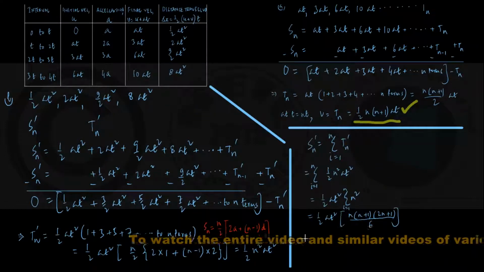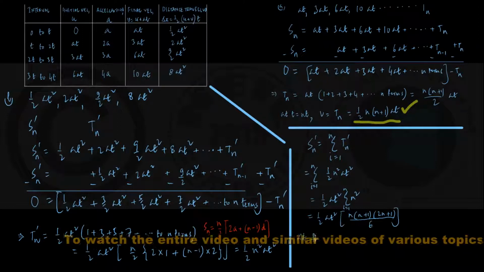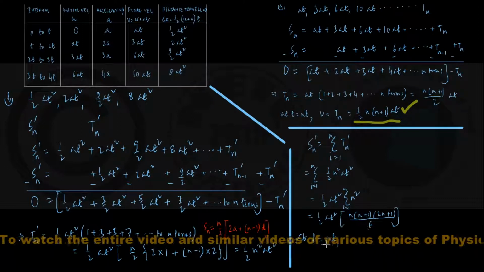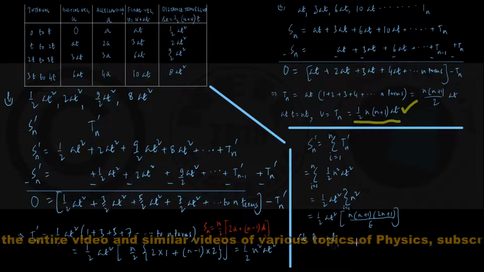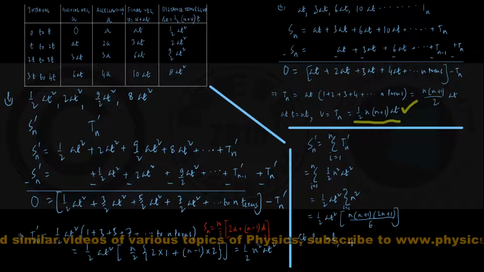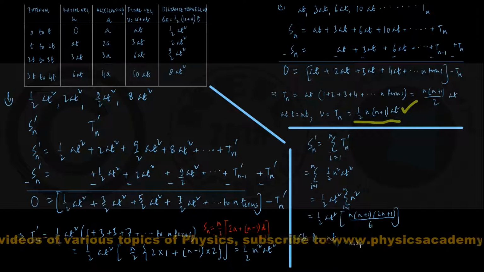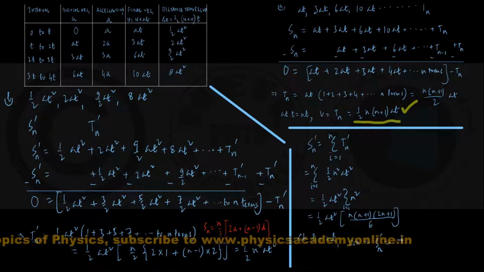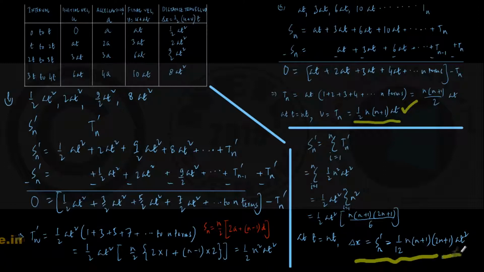We have got that at time t equal to nt, the total displacement of the particle traveling along the x-axis, well, let me call it delta x, is equal to the sum Sn dash that we just now found to be 1 upon 12 n into (n plus 1) into (2n plus 1) into a t square. This is the answer of the second part of the question.